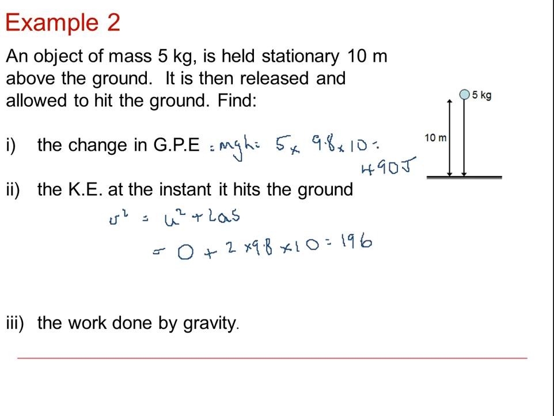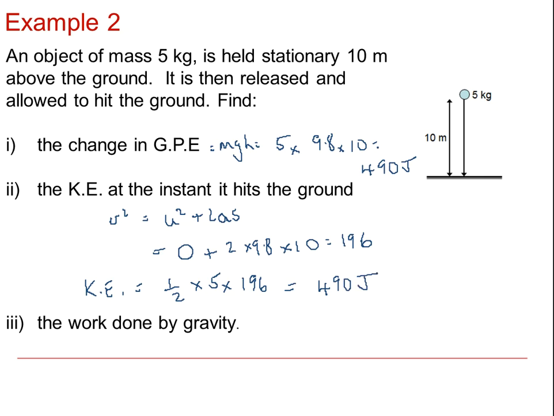So v squared is 196, so when it reaches the bottom, the kinetic energy is 1/2 multiplied by the mass 5 multiplied by 196, and that turns out to be 490 joules.